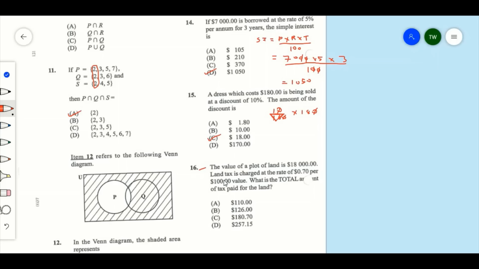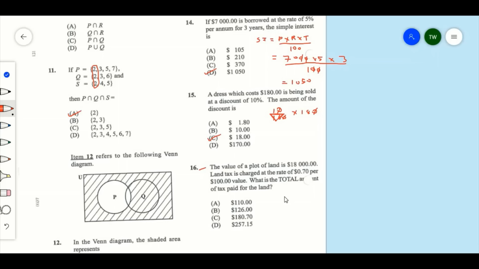Number 16. The value of a plot of land is $18,000. Land tax is charged at a rate of $0.70 per $100 value. What is the total amount of tax paid for the land? Now, note the rate here. The rate is 70 cents per $100, right? And they told us that the cost of land is going to be 18,000.